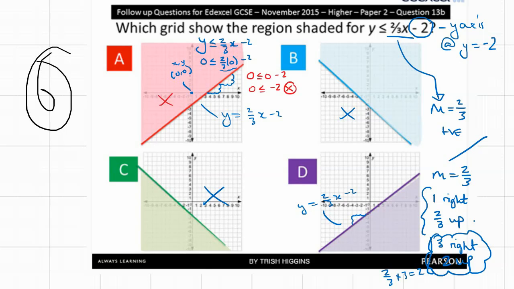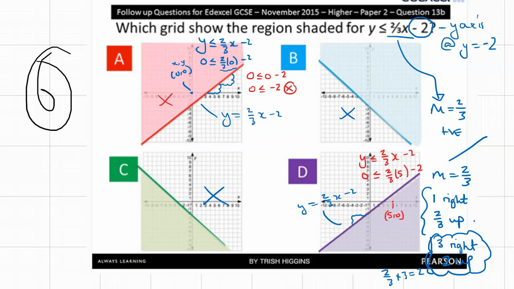Let me check this. I've got a coordinate here. I'm going to pick 5, 0. So instead of y is less than 2/3 x minus 2, I'm going to say is 0 less than or equal to 2/3 of 5 minus 2.